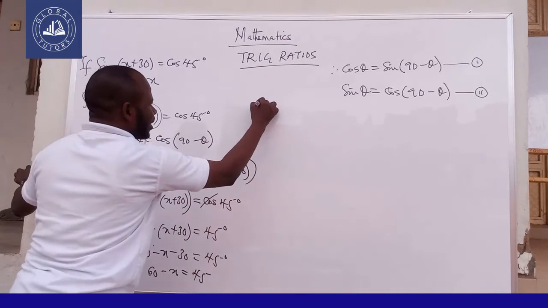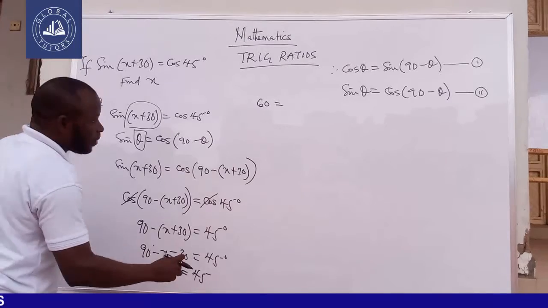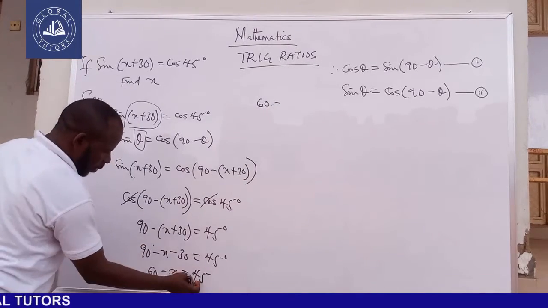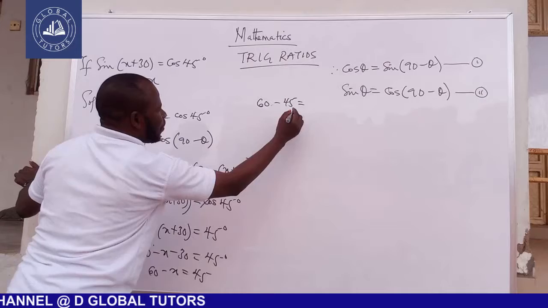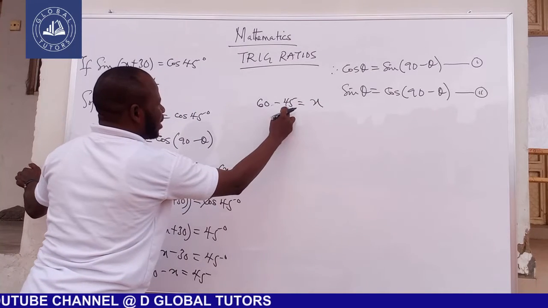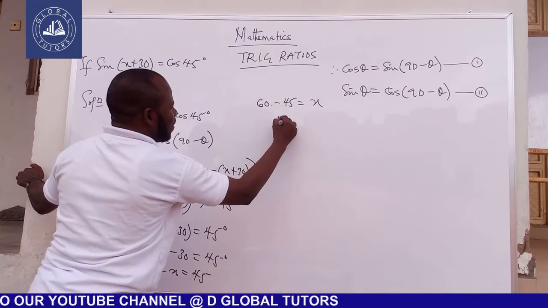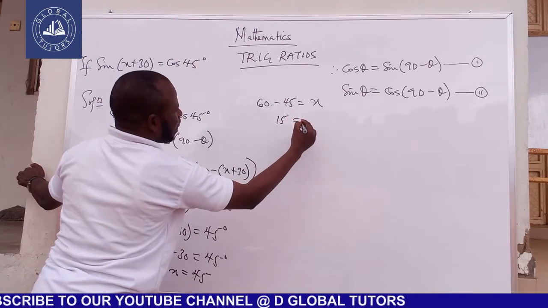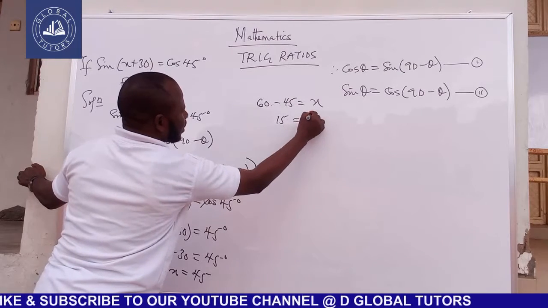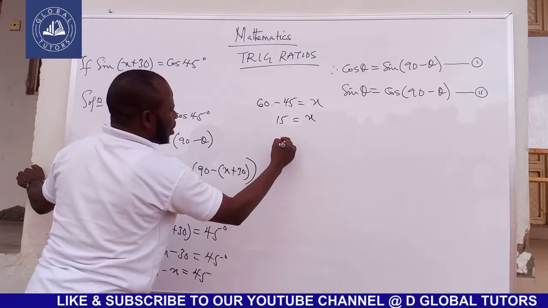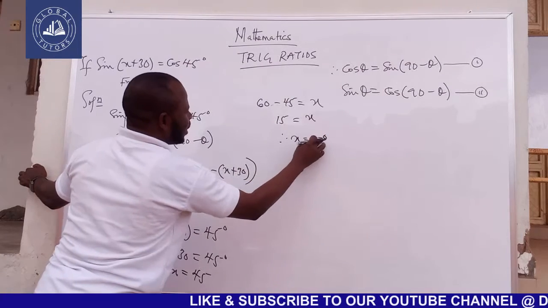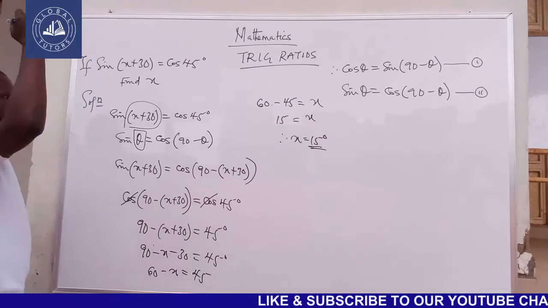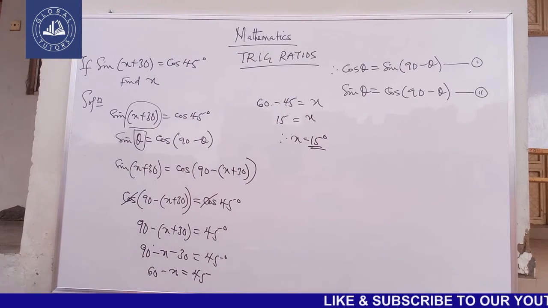So you have 60, 45 will move, minus 45 equals x. 60 minus 45 will give me 15 equals x. So from here you can say x is what? 15 degrees.